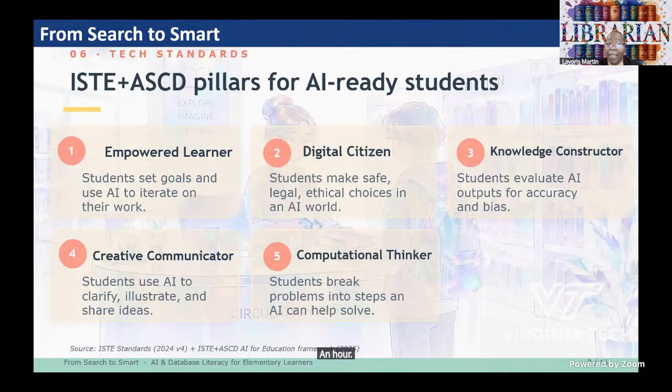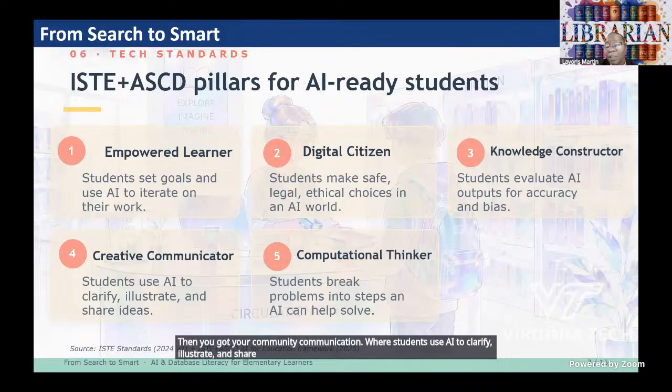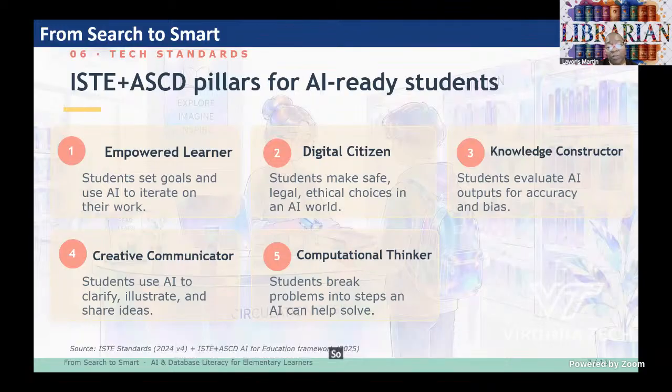Then you've got knowledge constructor: students evaluate AI outputs for accuracy and bias. Then you've got creative communicator, where students use AI to clarify, illustrate, and share their ideas. So these are the standards being used when you think about going from search to smart.